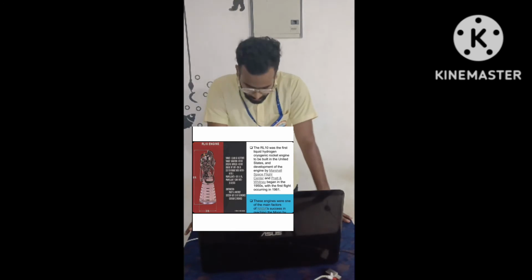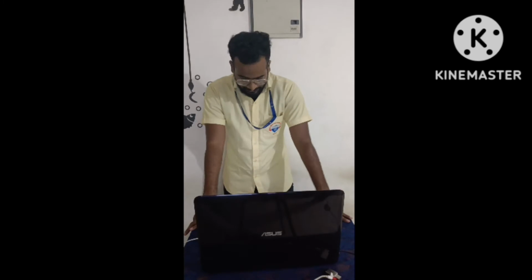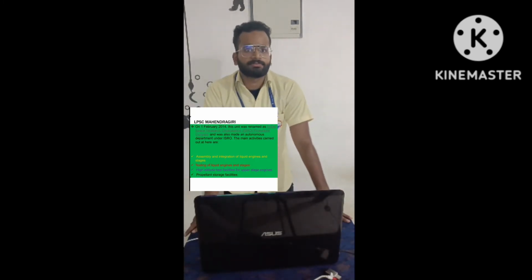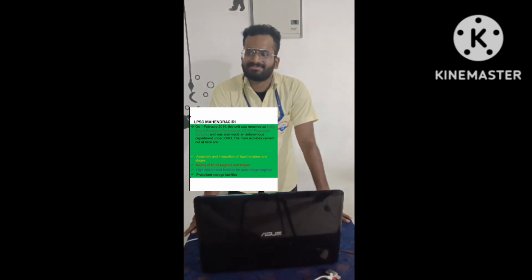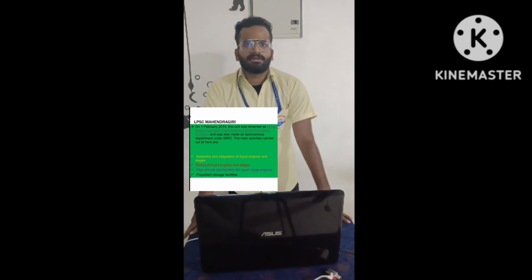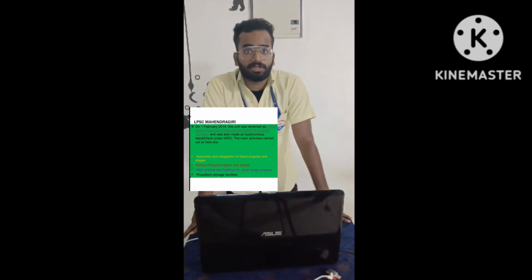Next, we will talk about LPSC Mahendragiri. It was renamed as the Indian Space Research Organisation Propulsion Complex on 1st February 2014 and was also made an autonomous department under ISRO.